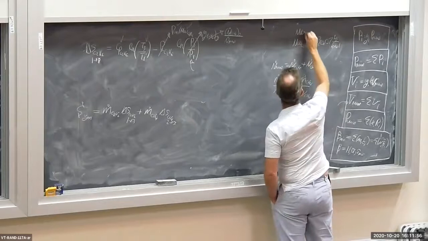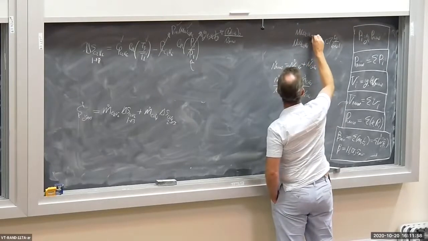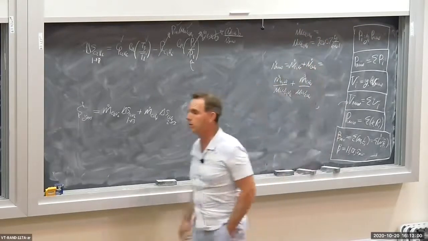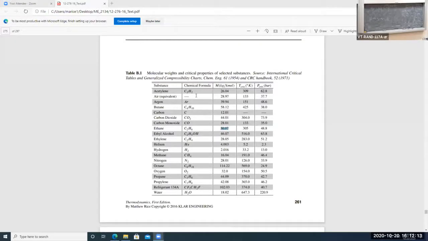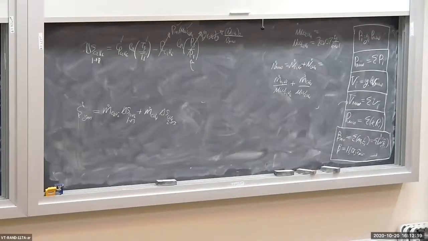The molecular weight of methane, let's get that one too. We should be in good shape here. Molecular weight of methane, 16.04.